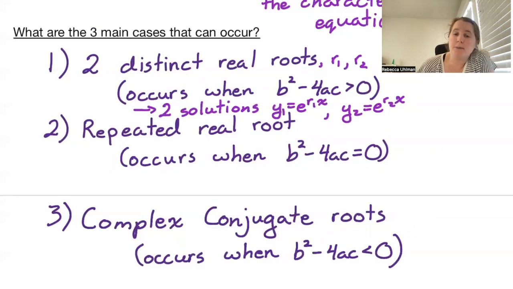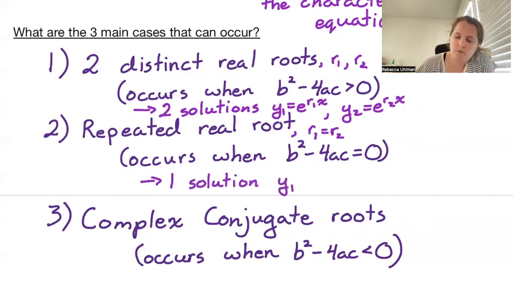If we have one repeated real root, just R1, or R1 equals R2, we only get one solution of this form. Y1 equals e to the R1x. The question is, what on earth do we take for Y2?